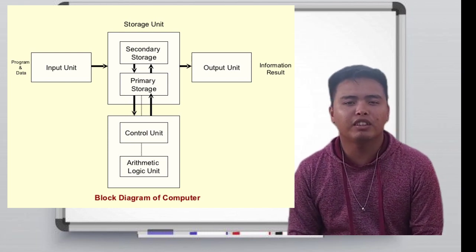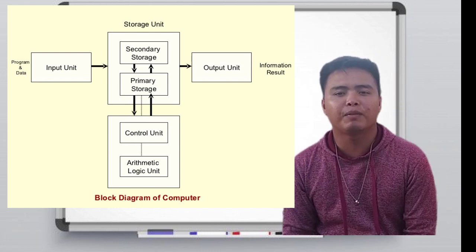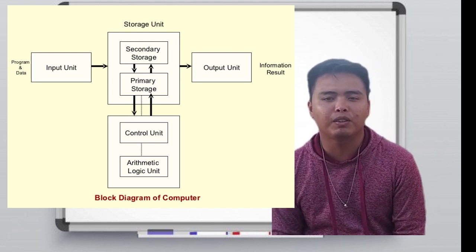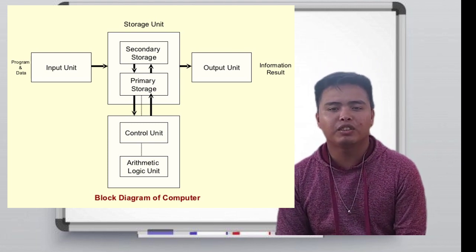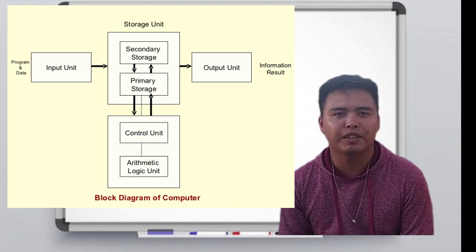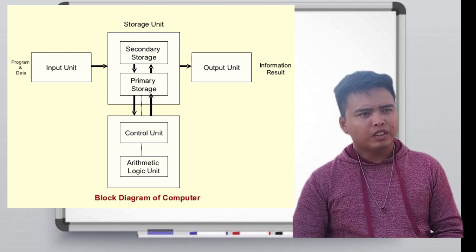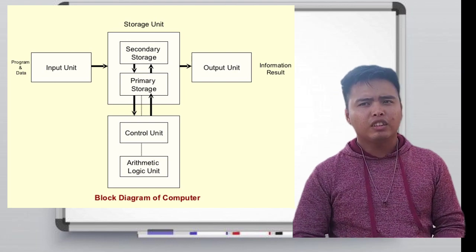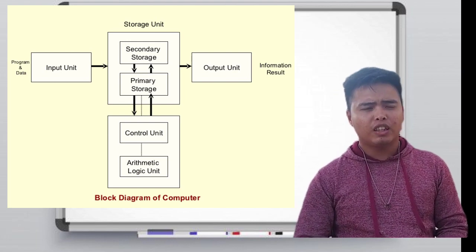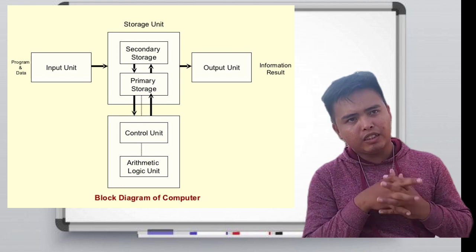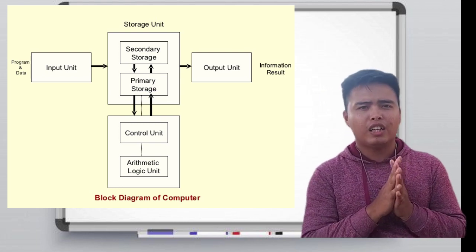The CPU does all the processing in the computer by fetching and executing instructions from memory. There are two parts of the CPU: the control unit or CU and the arithmetic and logical unit or ALU.